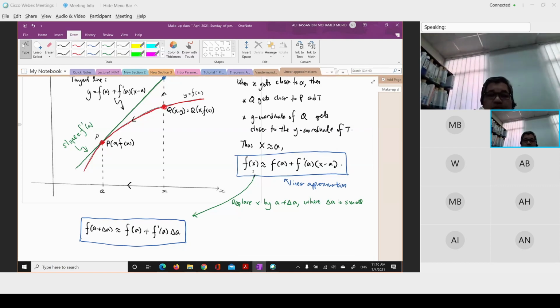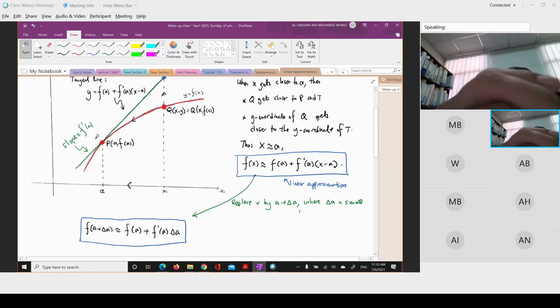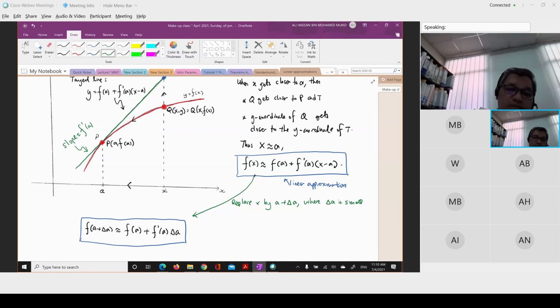Now, if I replace x by a plus delta a, assuming x is very close to a, then I can think of x as a plus a small quantity delta a. Think of delta a as small, close to 0.